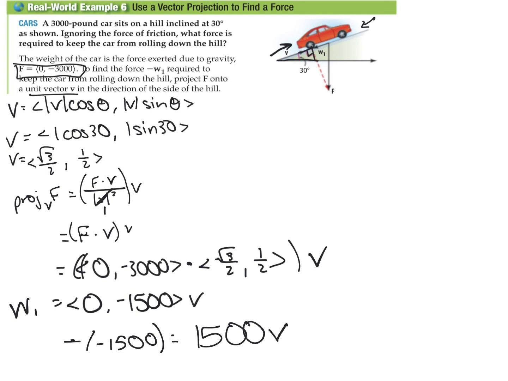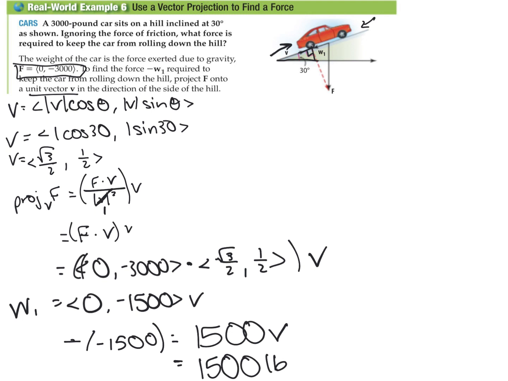So it's 1,500 times whatever the unit vector is. So it has a magnitude of 1,500 pounds, and it's in the direction of the side of the hill. So that is that force that's required to keep the car up.